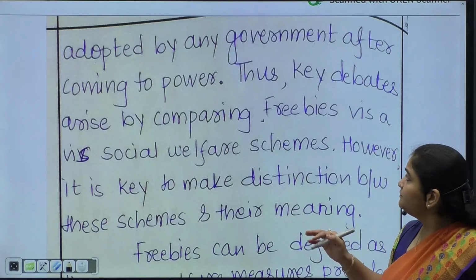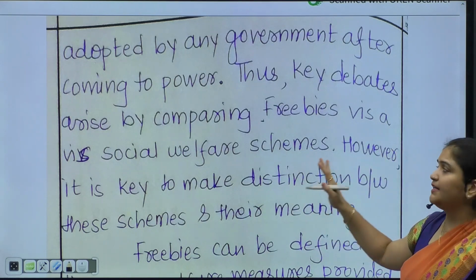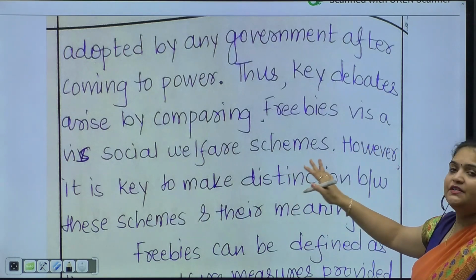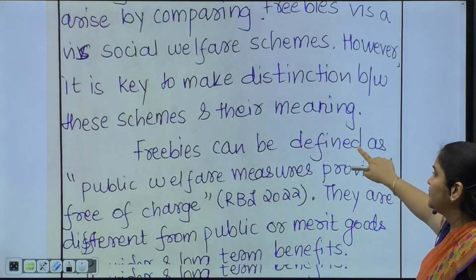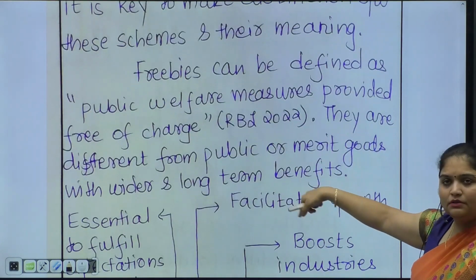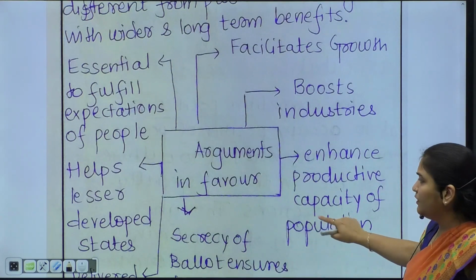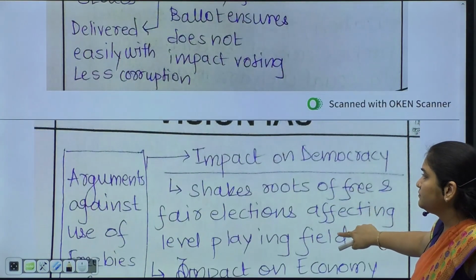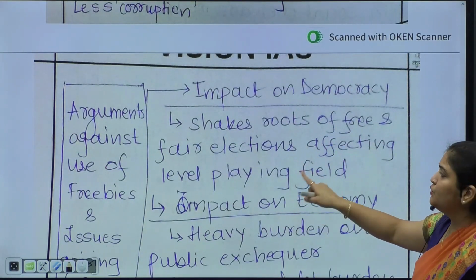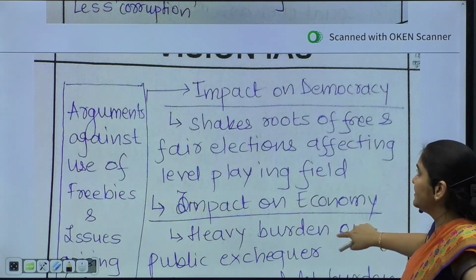So first, key debates arise by comparing freebies vis-a-vis social welfare schemes. Then we talk about the definition of freebies, the arguments in favor of freebies, arguments against the use of freebies and the issues arising out of it.